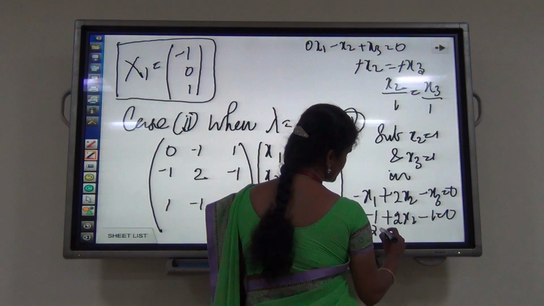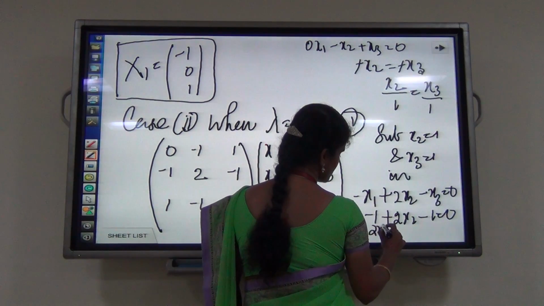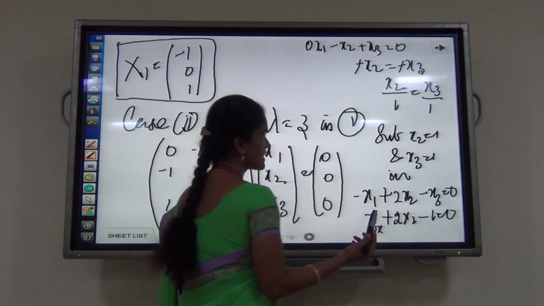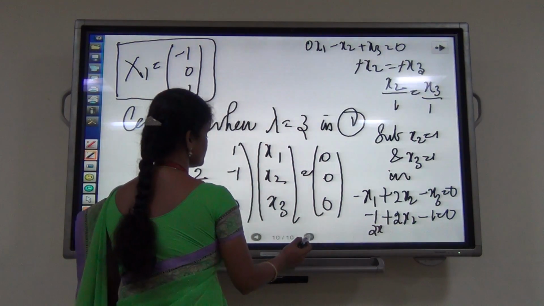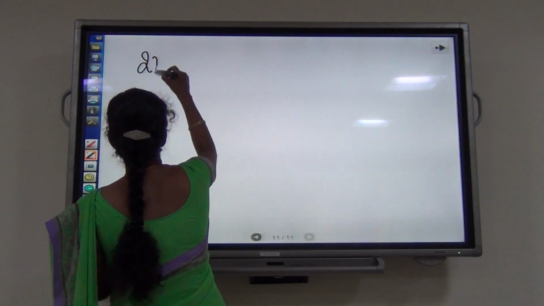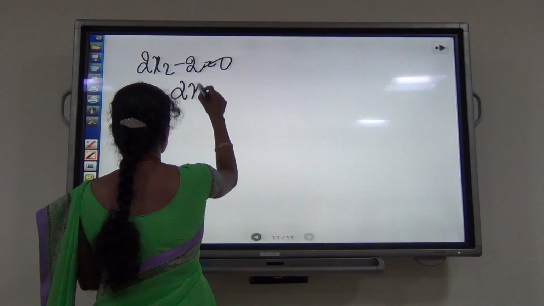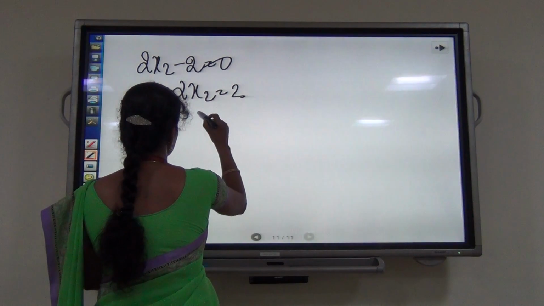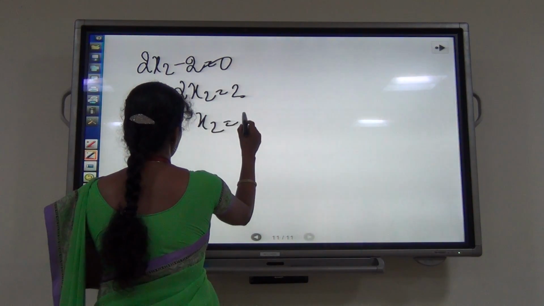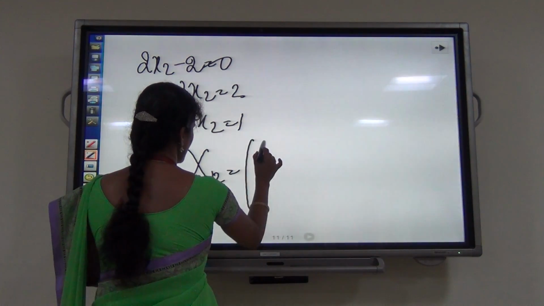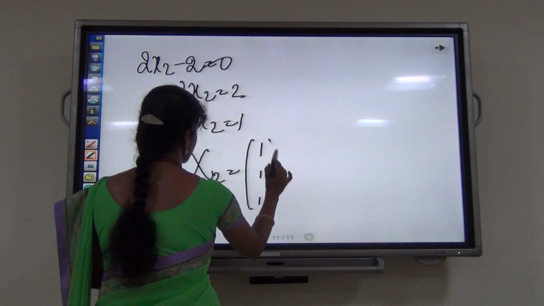So 2x2 minus 2 is equal to 0. 2x2 is equal to 2. x2 is equal to 1. So capital X2 will be 1, 1, 1.